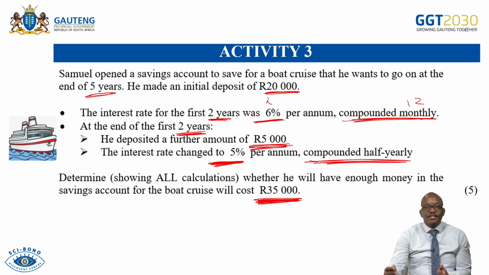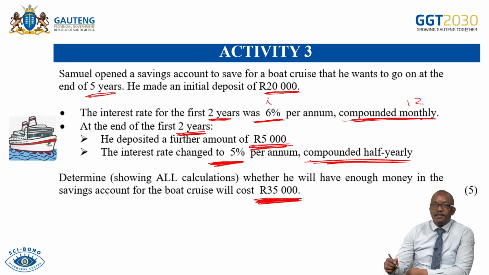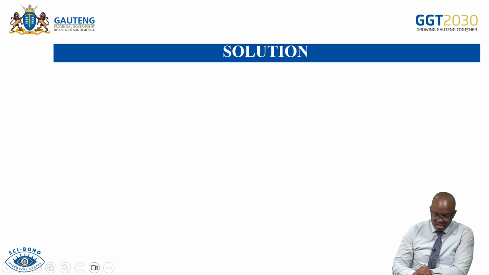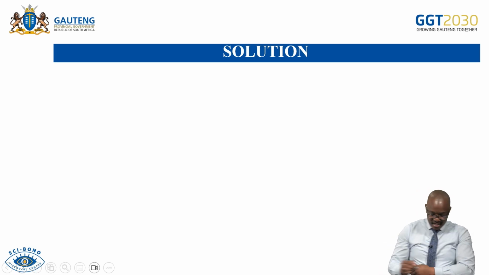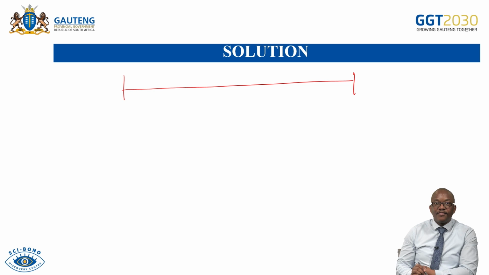We are checking whether the amount will be 35,000 or not, so that Samuel can go for a boat cruise. So now remember, this type of questions, I always advise that we need to deal with our number line. So we are going to draw our number line there.